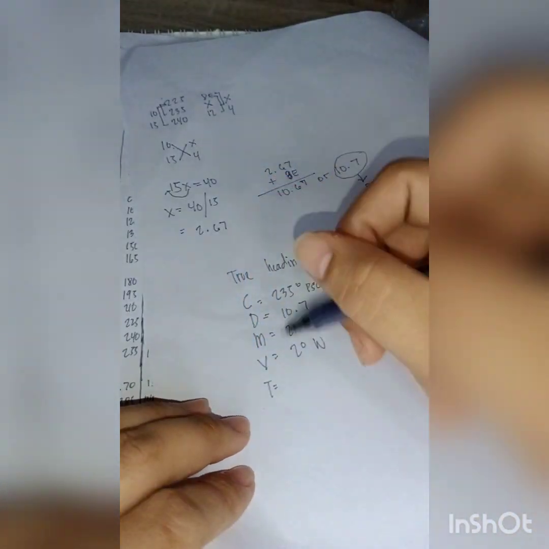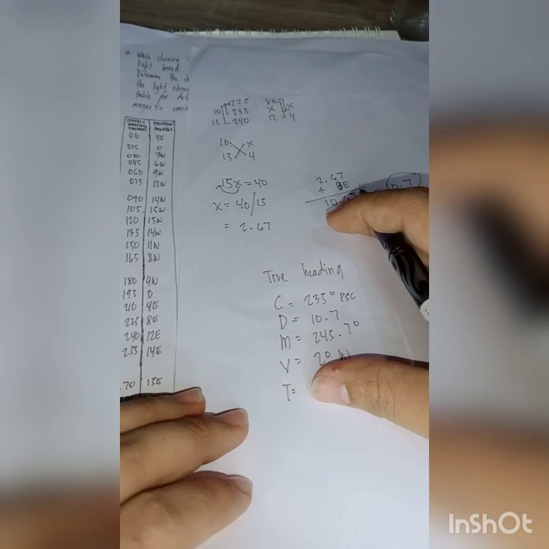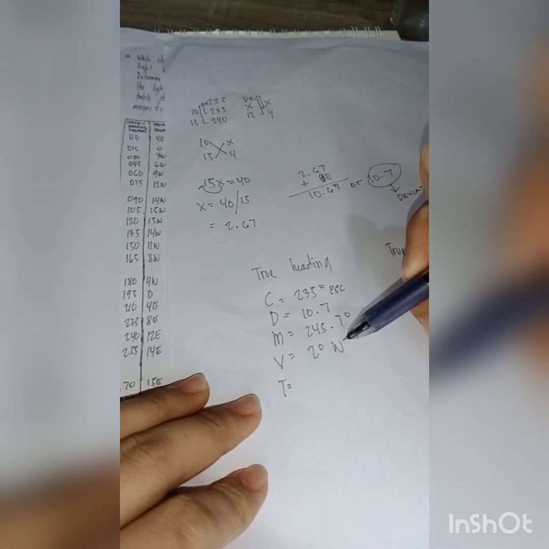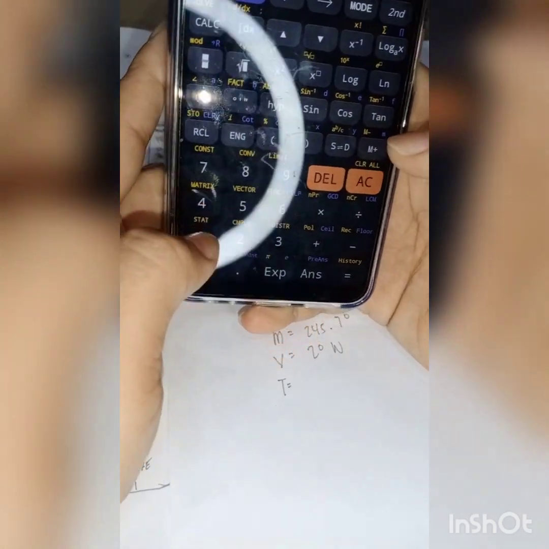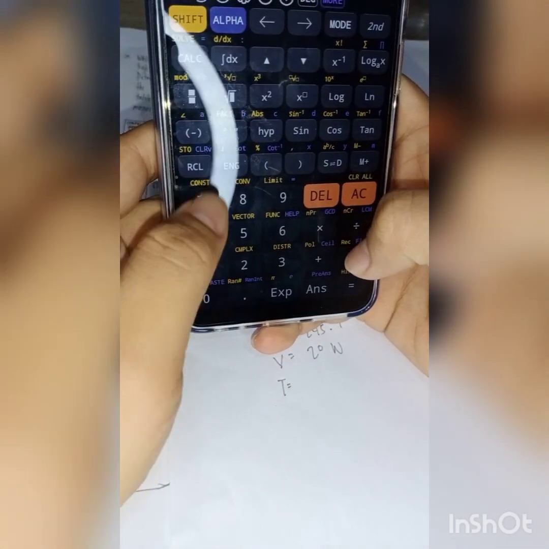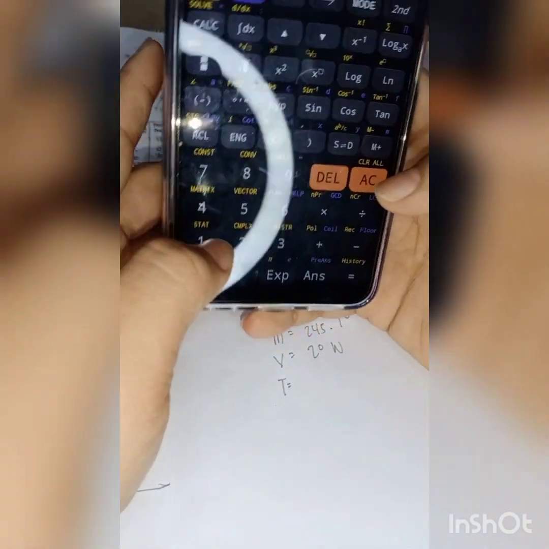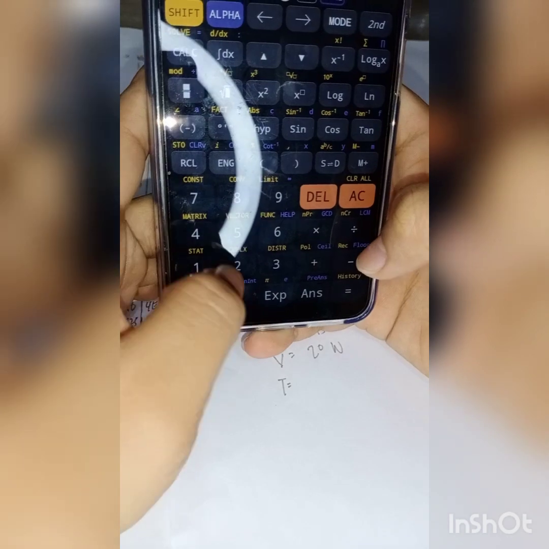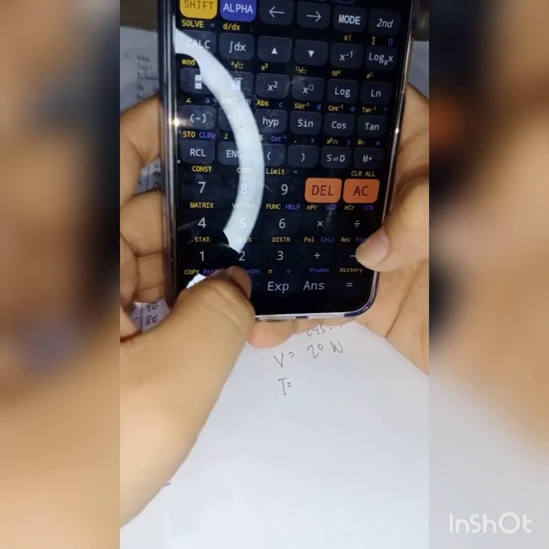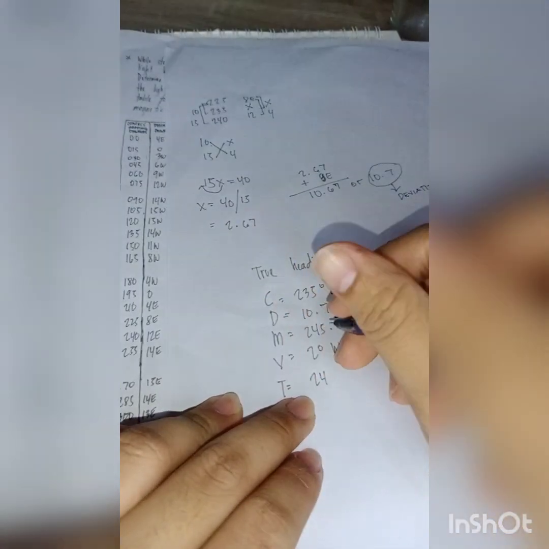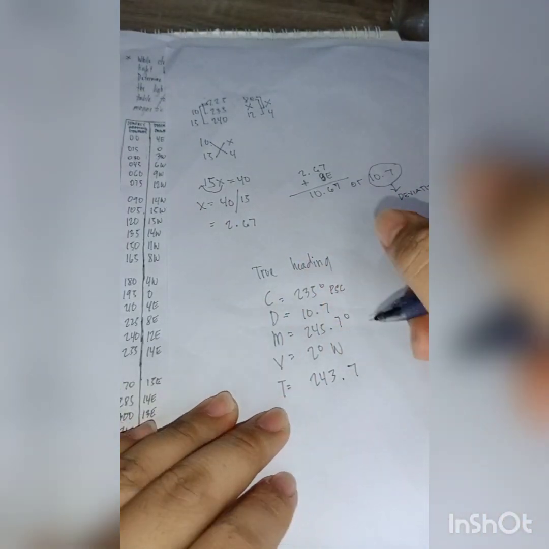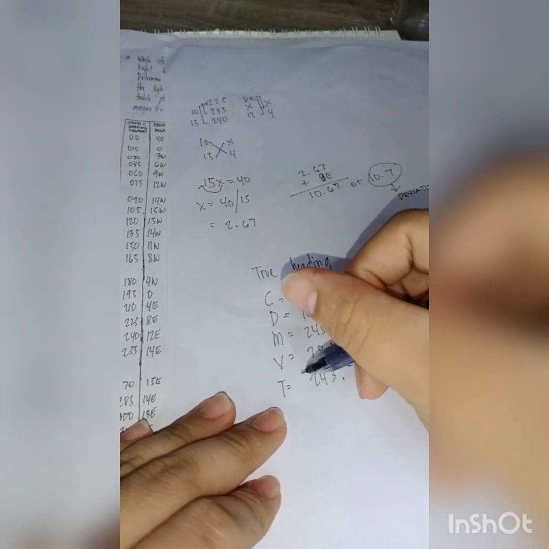So to get our true heading, we need to subtract 2 degrees from 245.7, and the answer is 243.7. So that's our true heading.